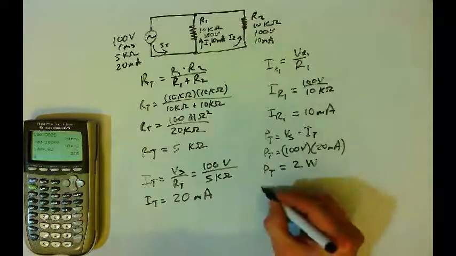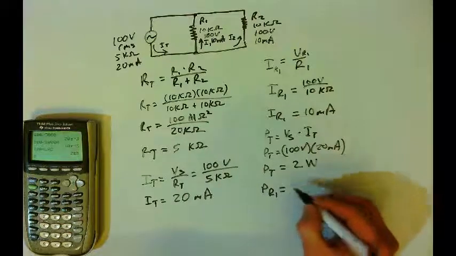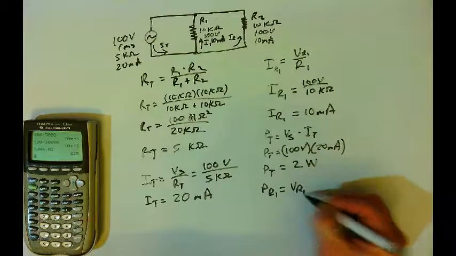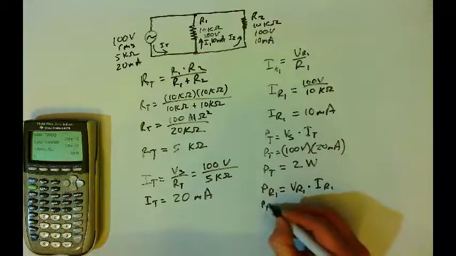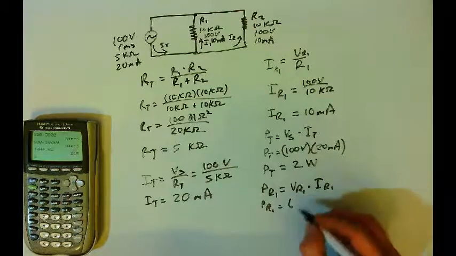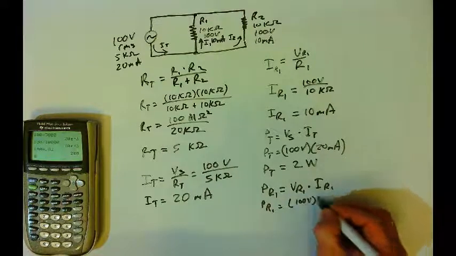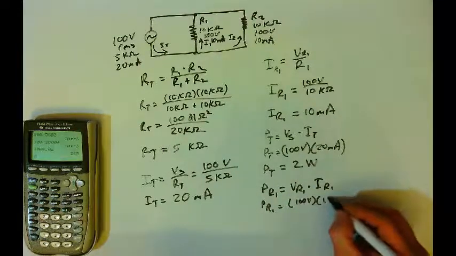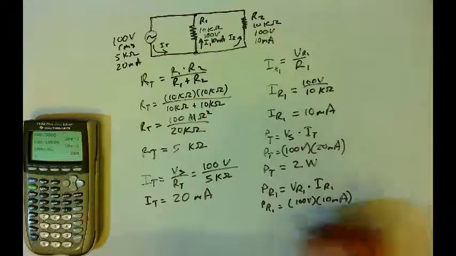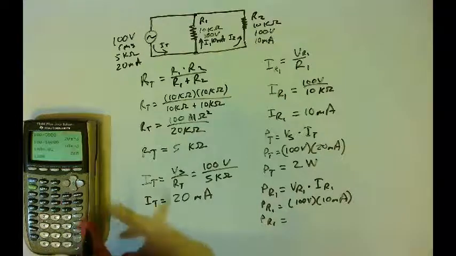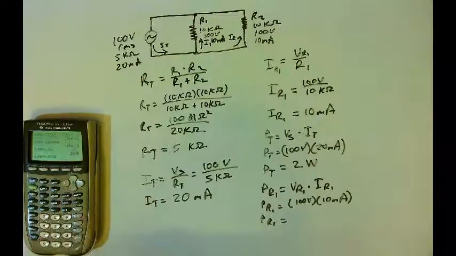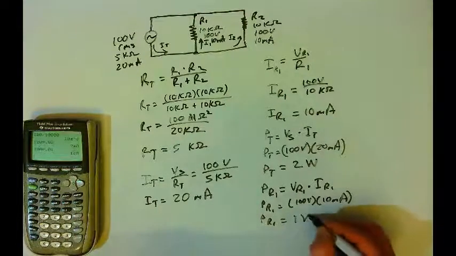And so let's find the power in R1, which would be the voltage in R1 times the current through R1. And so the power for R1 will be equal to 100 volts times the current through R1, which is 10 milliamps. And the power in R1 will be 100 volts times 10 milliamps, which is going to be 1 watt.